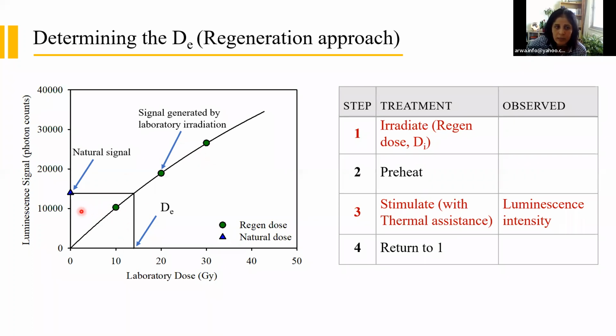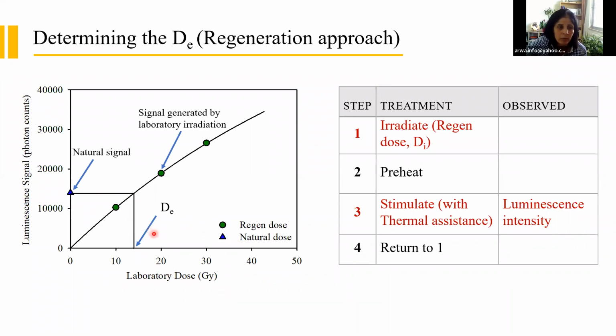The equivalent dose is then calculated by interpolating the intensity of the natural signal with the curve and identifying the equivalent dose. However, it has been observed that the luminescence sensitivity of the grains changes from measurement to measurement during the regeneration of the signal in the laboratory, sometimes showing inaccurate interpolation.